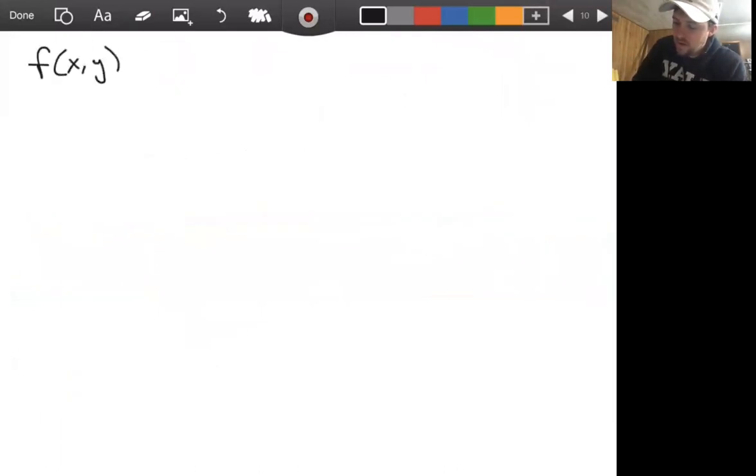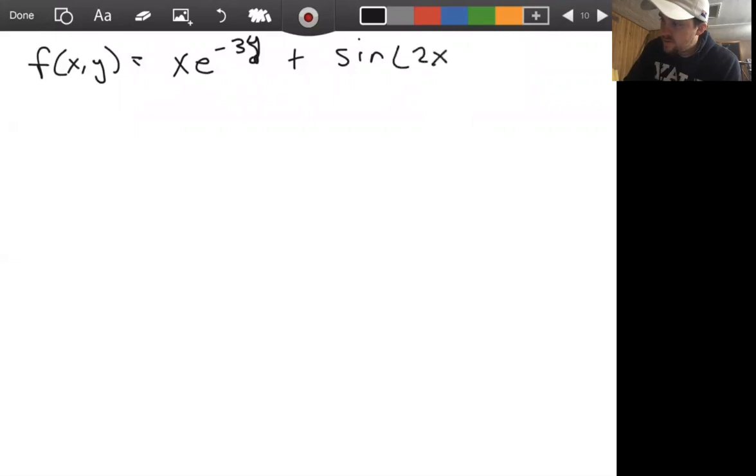So f of x y was x e to the negative 3y plus sine 2x minus 5y. Okay, now what's f sub y? Well, x is constant with respect to y, and so we're just taking the derivative of e to the negative 3y.